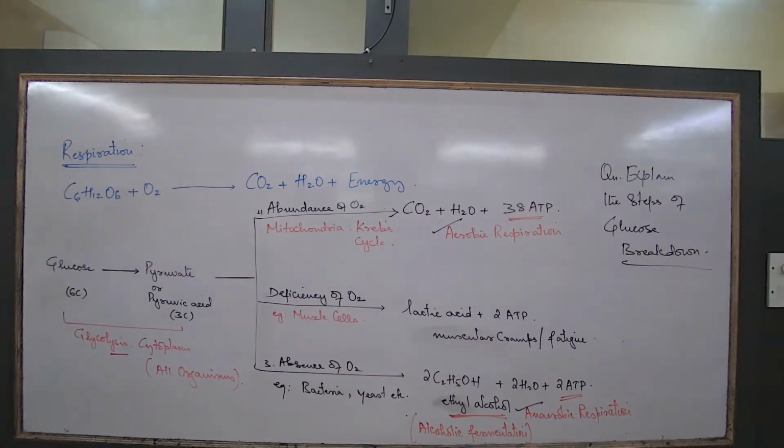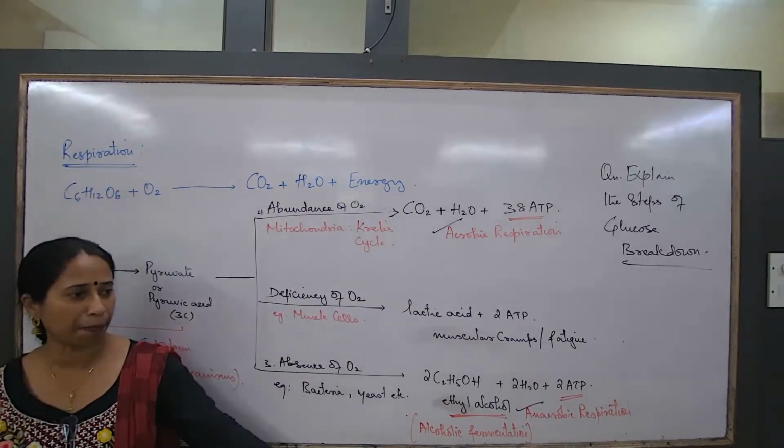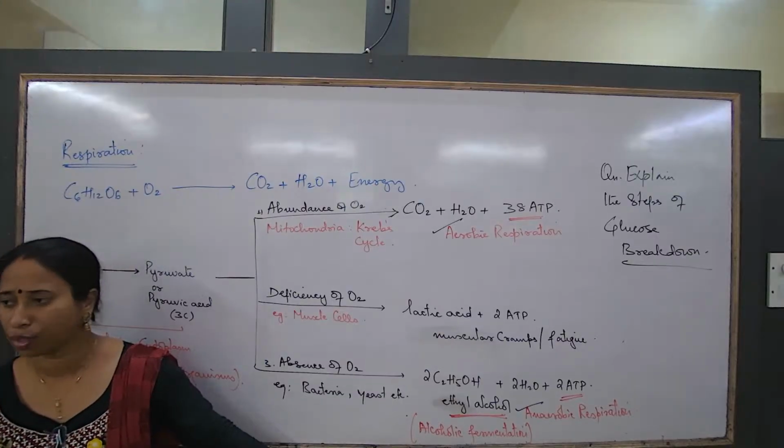Other side, anaerobic: breakdown of glucose takes place in the absence of oxygen. In the answer it is necessary to write glucose breakdown. Don't just write absence of oxygen and presence of oxygen. Absence of oxygen with what reference? Breakdown of glucose takes place in the absence of oxygen.